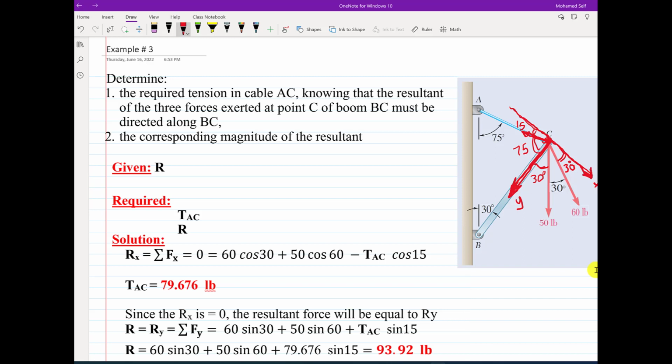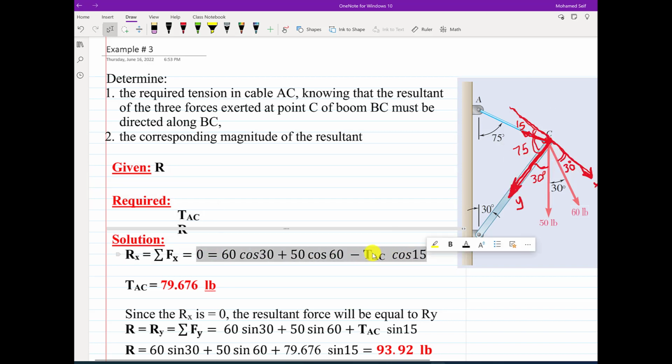So we're going to say minus the tension AC multiplied by cosine 15, and this should be equal to 0. This is the equation I have. The only unknown will be TAC.